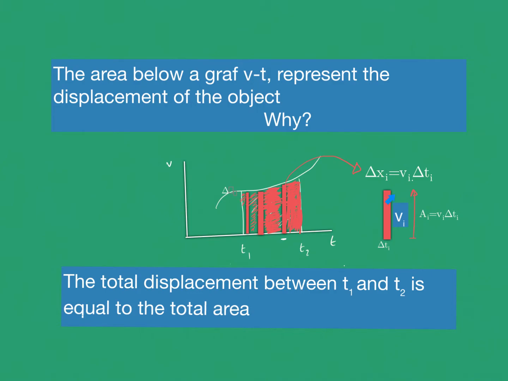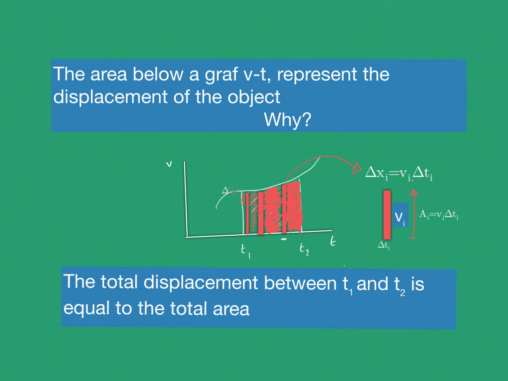It is the area here. But what is the small displacement for this velocity at this instant? The displacement is v times delta t. So vi times delta t represents the small area, and it is also the small displacement.